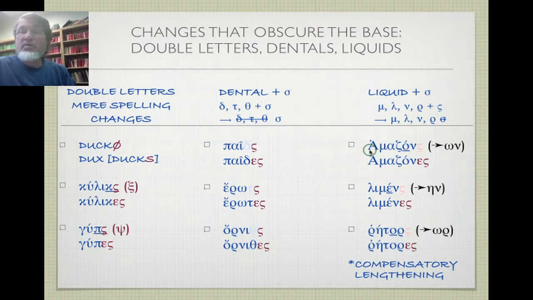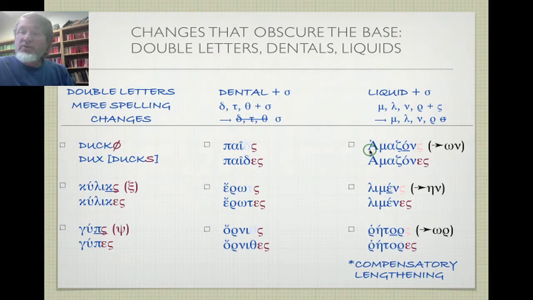Amazon, with an omicron, Amazon. It doesn't take very long to say that syllable, on. But way back when, before they developed this aversion to liquids and sigmas, they didn't say on, they said ons. And ers and retors.